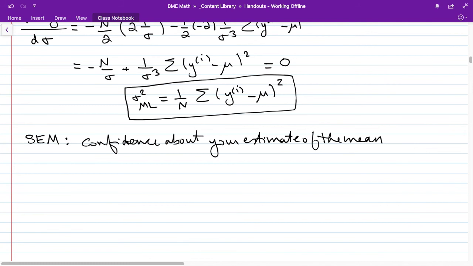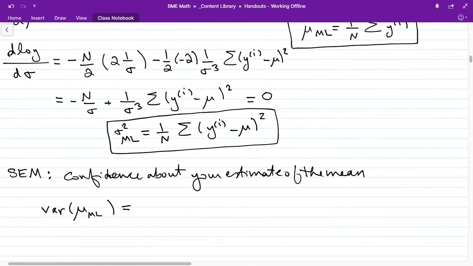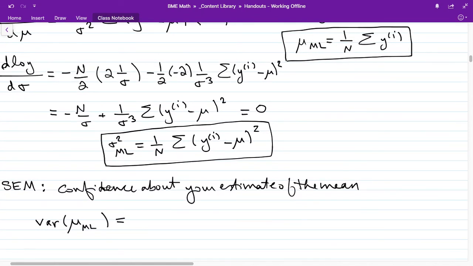So what we want to know is what is the variance of your estimate of the maximum likelihood. So when you take your data and you find this mean, what is your variance of that mean? That's your uncertainty about the mean. So here's our equation of the mean, right? 1 over n sum of yi. What's the variance of this equation? Where y is your random variable.